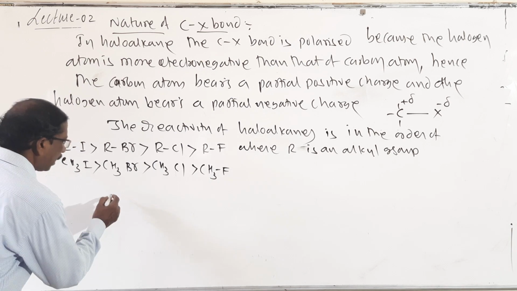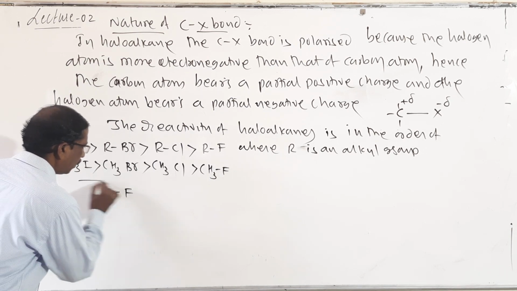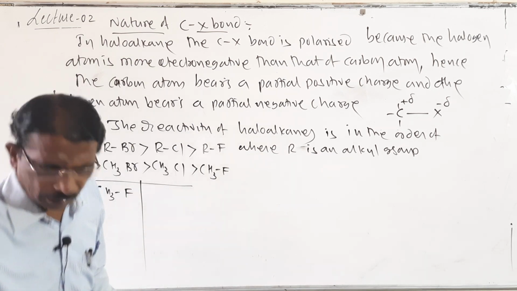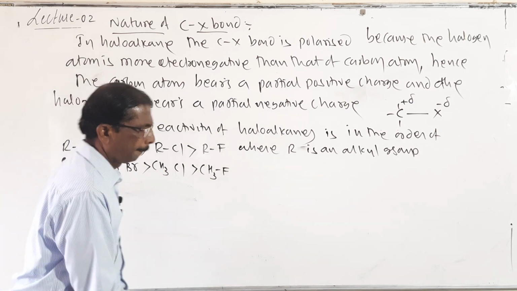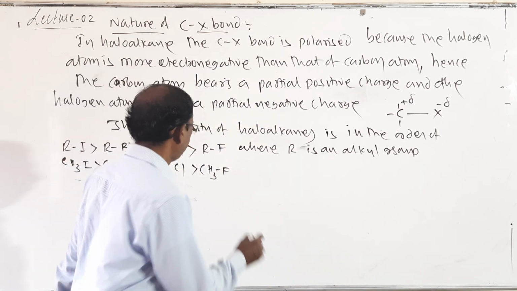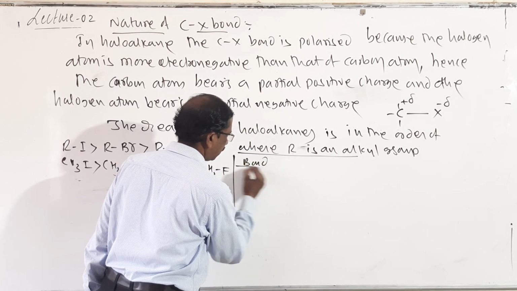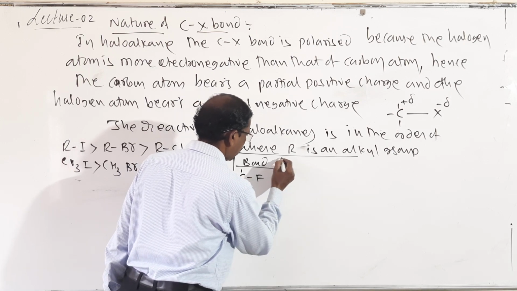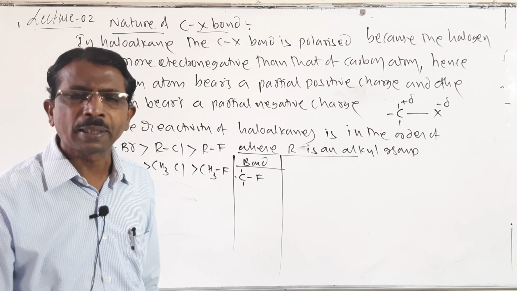So, for example, here I will write this CH3F. Look here, students, it is a bond, and here I will write it on this side: the bond, that is C-F first, and then you may write the bond length also.